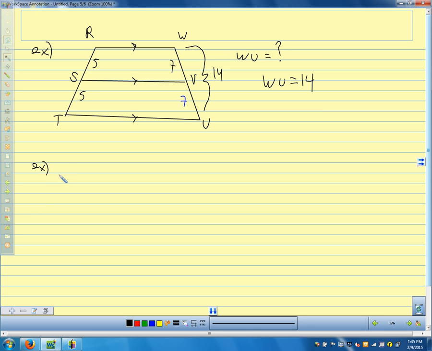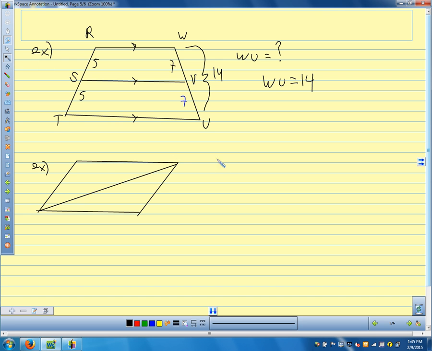All right, last example. All right, so I'm going to say this is a rhombus.